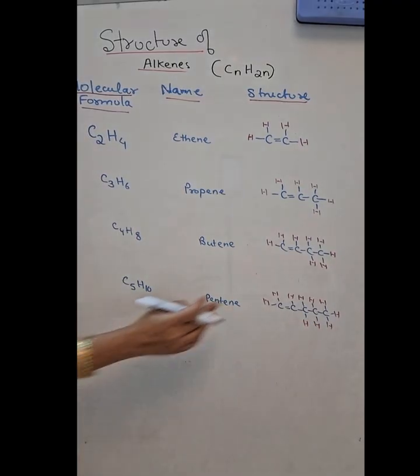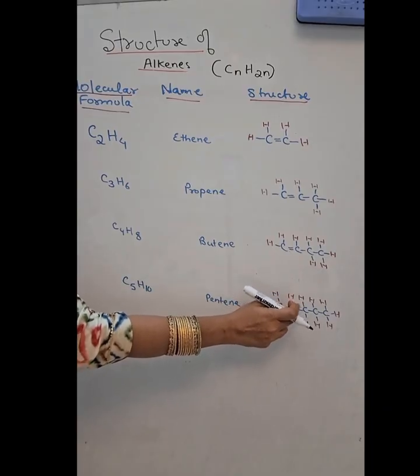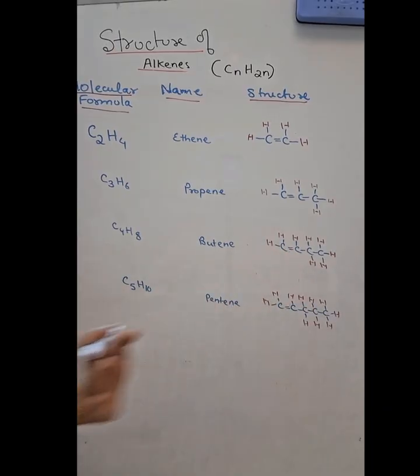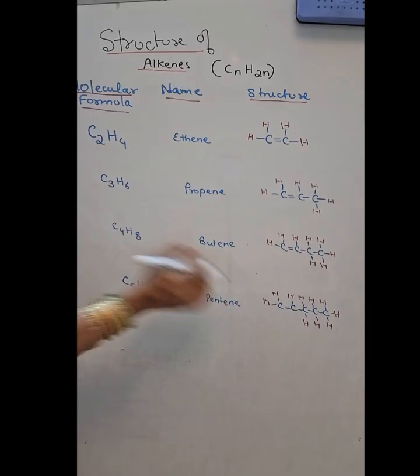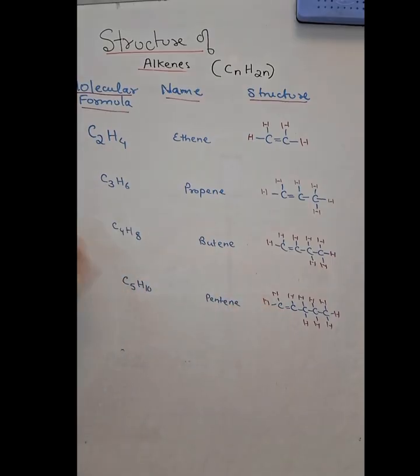Now you see this, for this carbon 1, 2, 3, 4, 1, 2, 3, 4, 1, 2, 3, 4, 1, 2, like that. Mostly the mistake children make is that they don't count properly. They make more than 4 bonds, and if they make more than 4 bonds on a carbon, then of course it will not match the molecular formula.